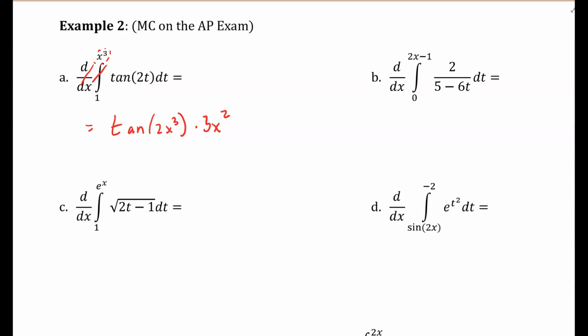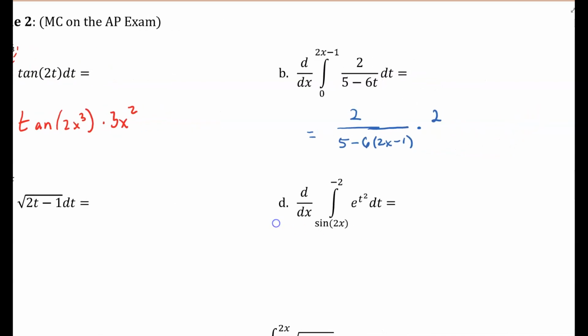B, the derivative with respect to x of the integral from 0 to 2x minus 1 of 2 over 5 minus 6t dt. Well, a derivative and an integral are inverses, they cancel each other out. So I have 5 minus 6 times 2x minus 1, and I'm going to multiply times the derivative of the upper limit, which is 2.